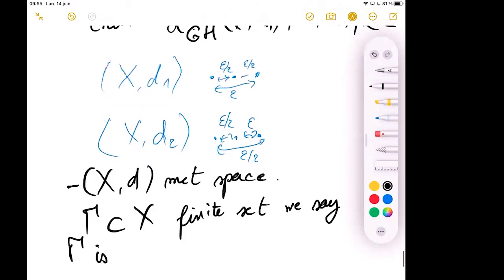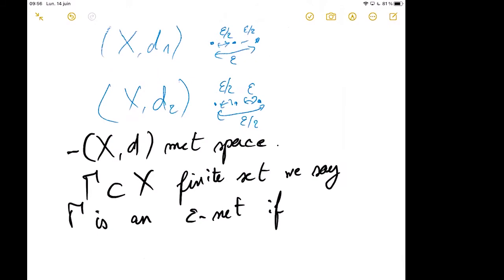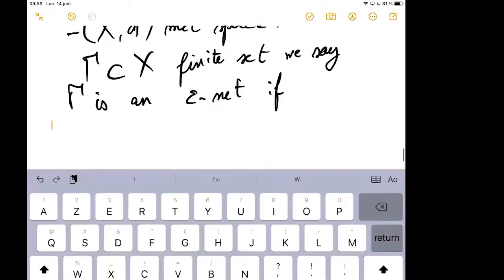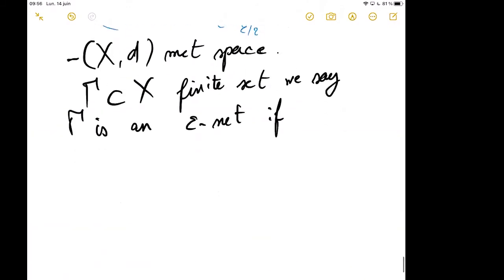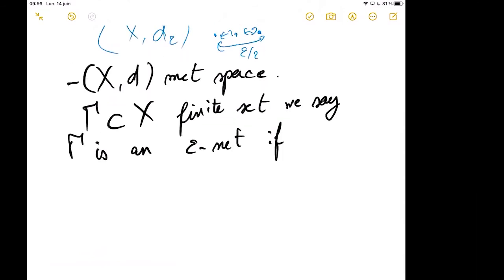We say Gamma is an epsilon net for some epsilon positive if, using the notation I introduced in the definition of isometry, that was the second condition more or less, X is covered by balls centered on Gamma, with respect to the metric d, of radius epsilon.